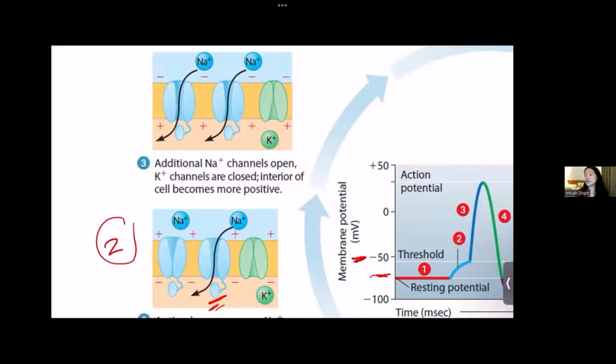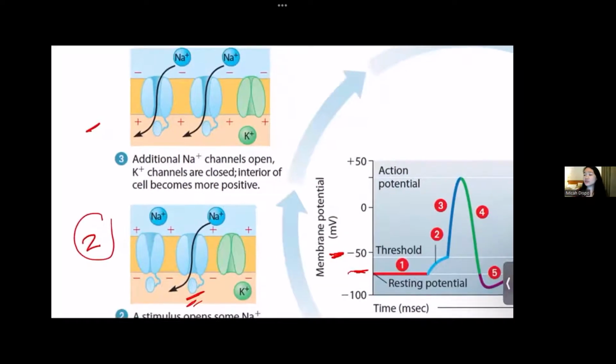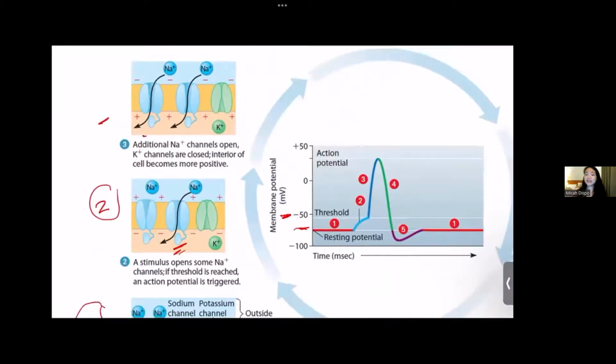So when the threshold has already been reached, then this will open even more sodium voltage gated channels, thus allowing even more sodium to enter the cell, making the inside of the cell even more positive very abruptly.